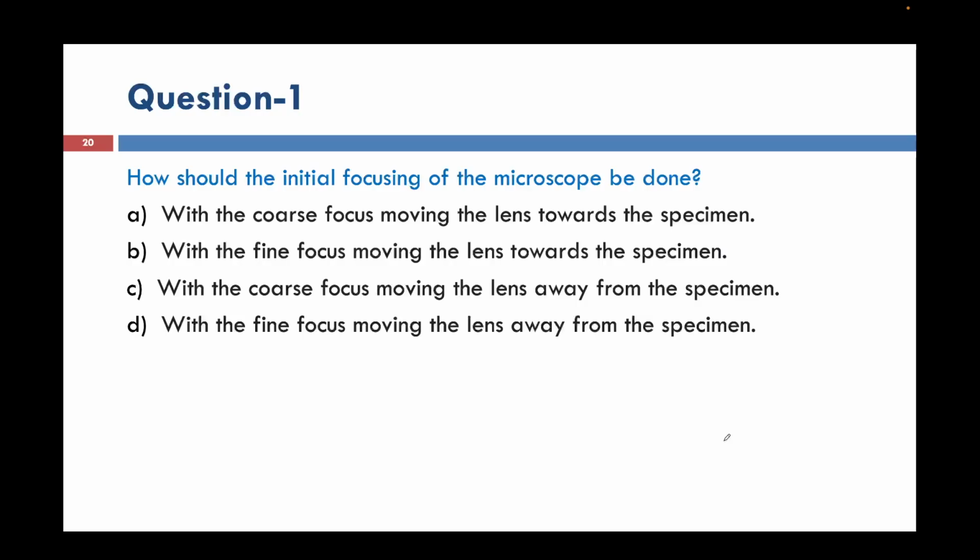Those are the things you should remember before you go to the microscope to see a good image of your object. Now, if you put your object under the microscope, how should the initial focusing of the microscope be done?